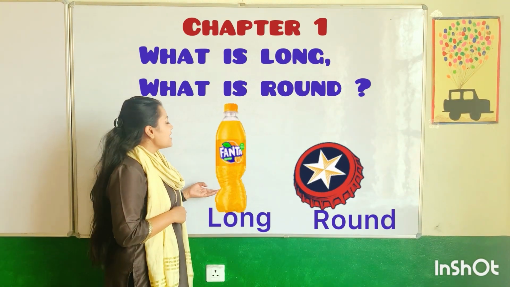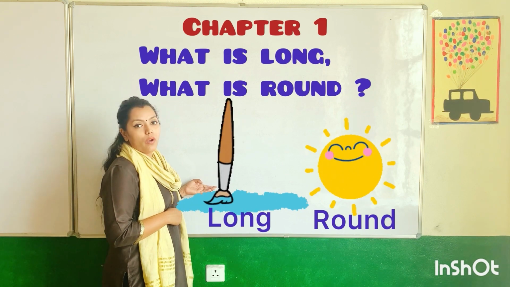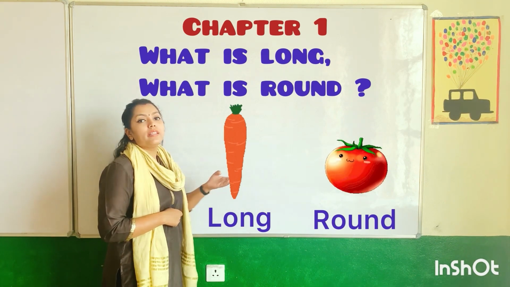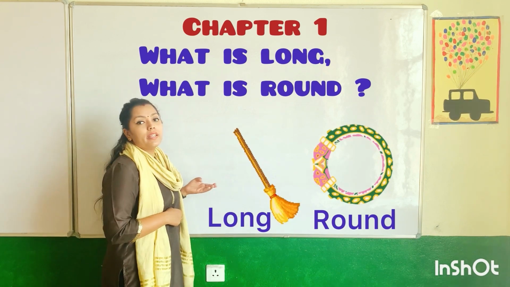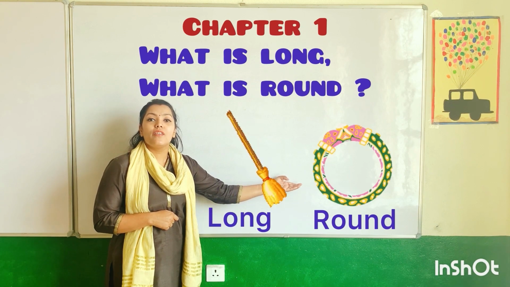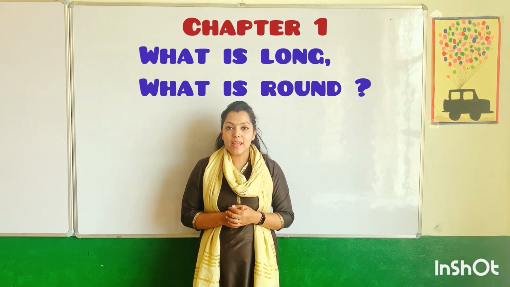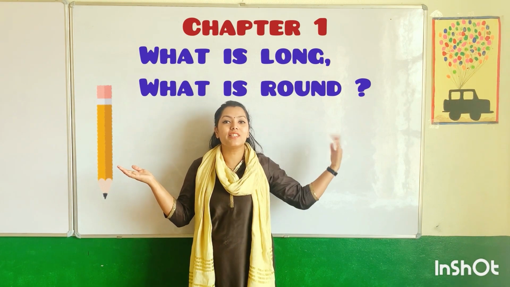The bottle is long, the cap is round, the brush is long, the sun is round, the carrot is long, the tomato is round, the broom is long, the bangle is round. So I hope you were able to distinguish between what is long and what is round.